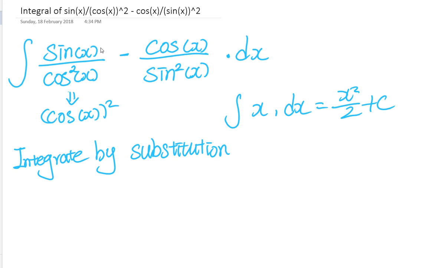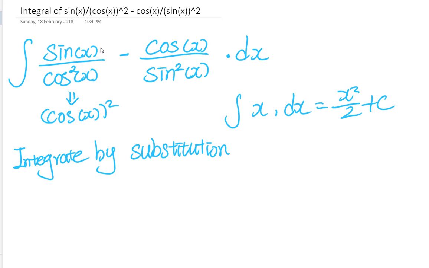So what in the question tells me that I need to use integration by substitution? Now, this is very easy to identify. If you see a fraction or anything, and you see that the derivative of something, or in this case either sine or cosine, is already there, remember, the derivative of one of the components of the fraction is already present inside the fraction, then you can use integration by substitution.